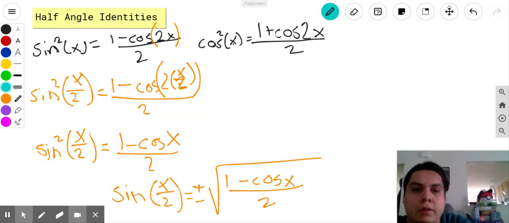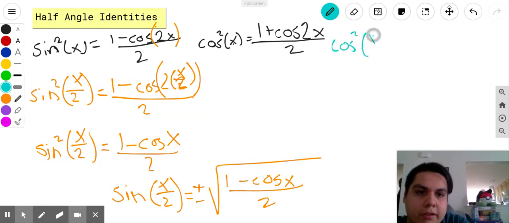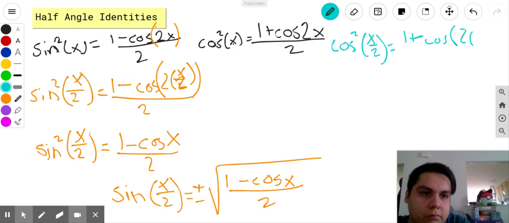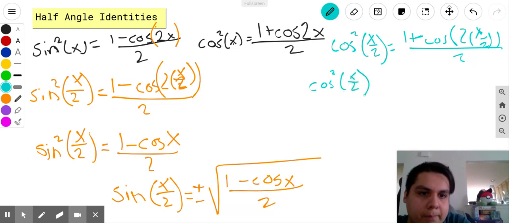So I would know that cosine squared of x divided by 2 would equal pretty much the same thing I just had, except a positive version. So then we get cosine squared of the half angle that was given to me equals 1 plus cosine of x, divided by 2.